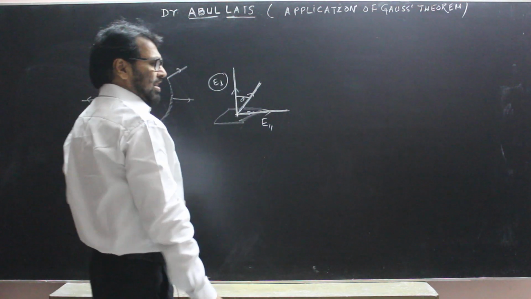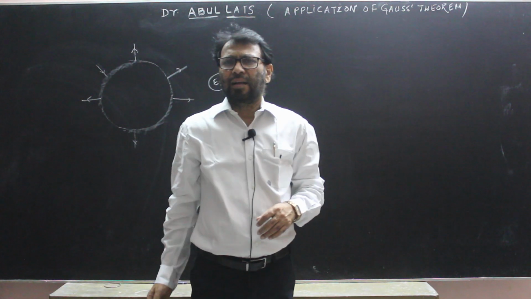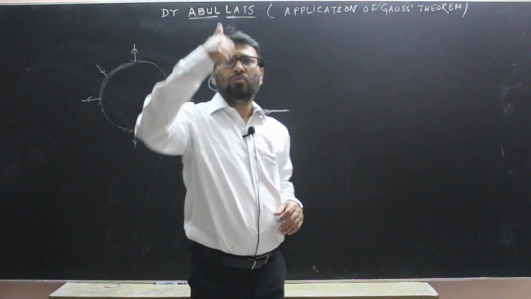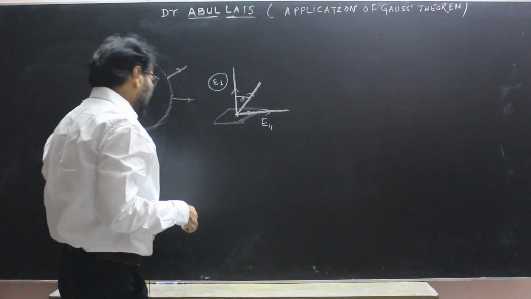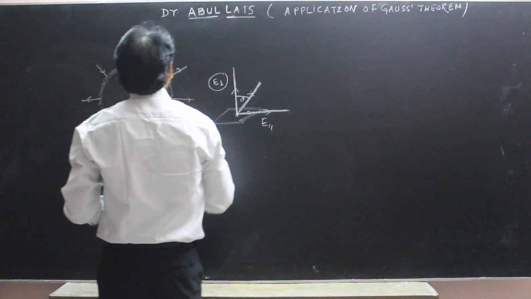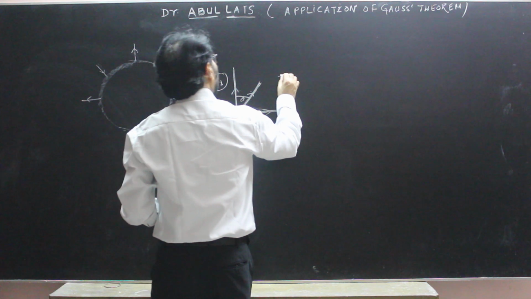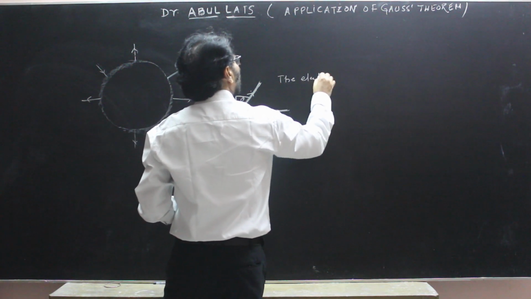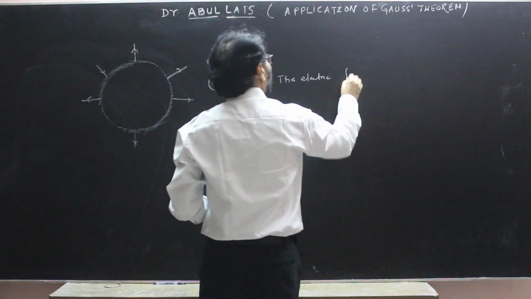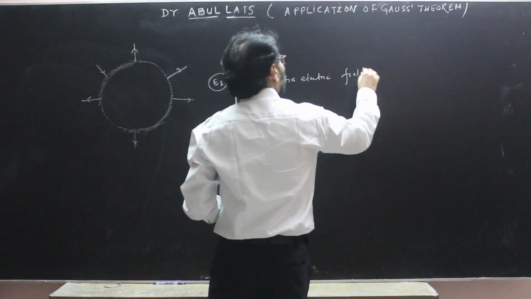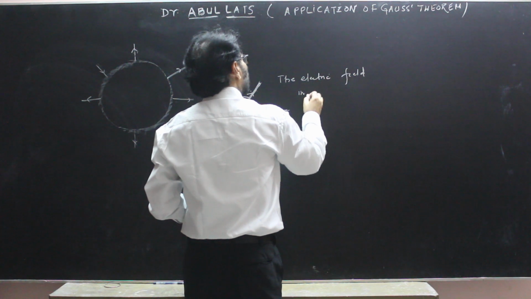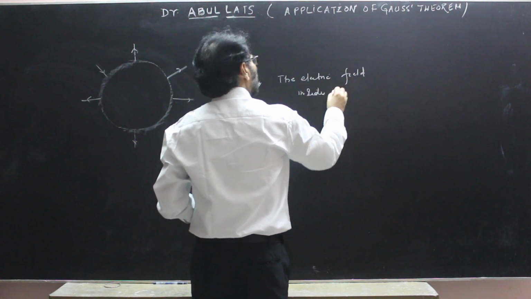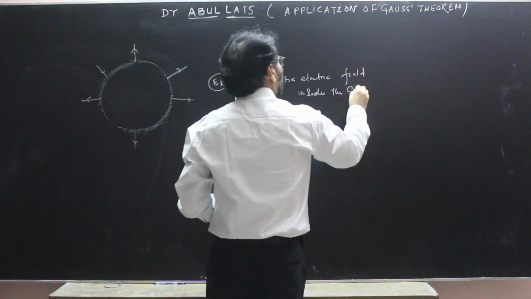So if there is an electric field on the conductor, it is always directed perpendicular to the conductor. The electric field is always perpendicular to the surface of conductor. The electric field inside the conductor is 0.